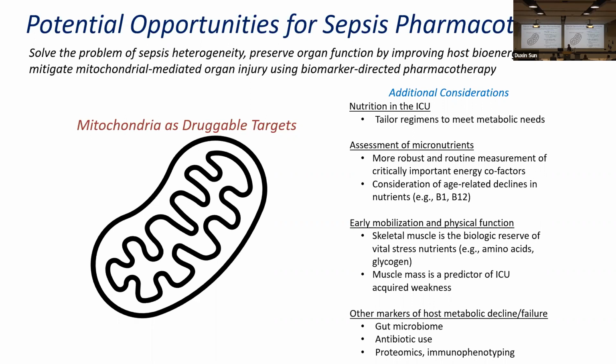We also don't measure some really important nutrients and cofactors that could help more granularly phenotype these patients, particularly in the elderly, where we know that some of the B vitamins have dropped off just with age. They may have the fuel substrate, but if they don't have the cofactors to drive the enzyme, it's not going. So there are things like that that we don't even think about or do routinely in the ICU.